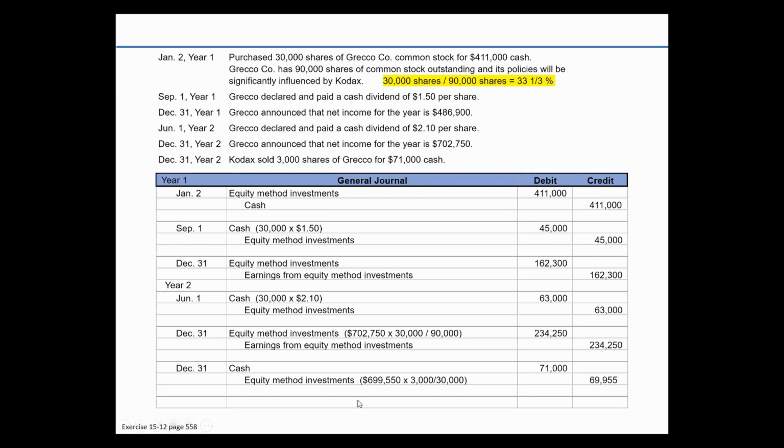And again, the reason for that is you have $699,550 multiplied by 3,000 of the 30,000 shares. And so that would be what would currently be in their account for the amount that would actually be in the equity method investments. And then the gain on the sale, they sold them for 71. So the gain on the sale then is 1,045.